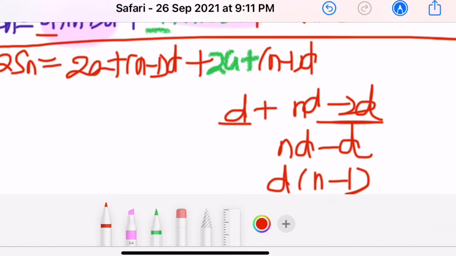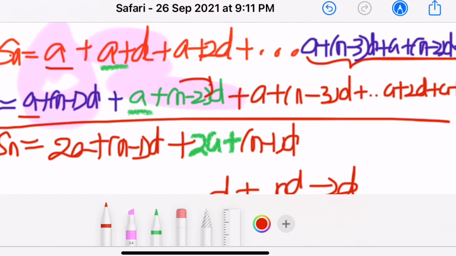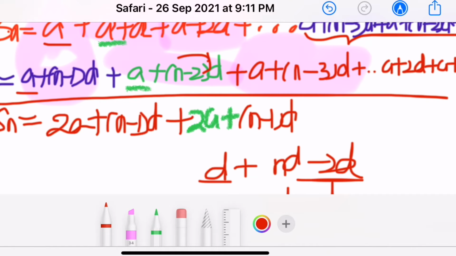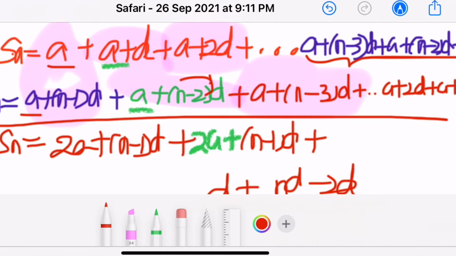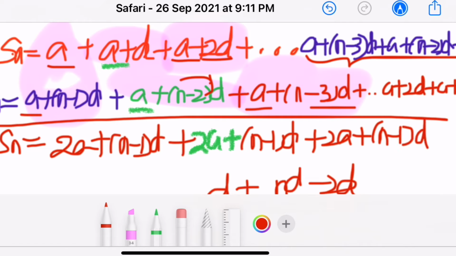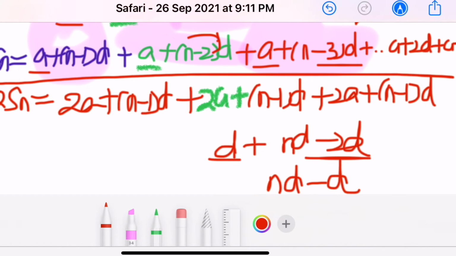Got it? Even the third term, if I add this one and this one, you will get the same: a plus a is 2a, and 2d minus 3d is minus 1d, and you factorize the d and get this. So that is the pattern that we observe.